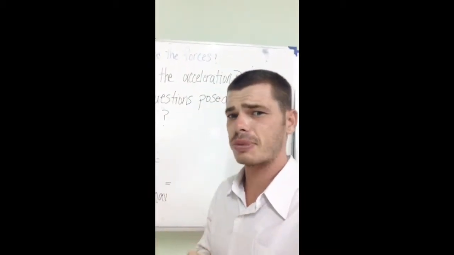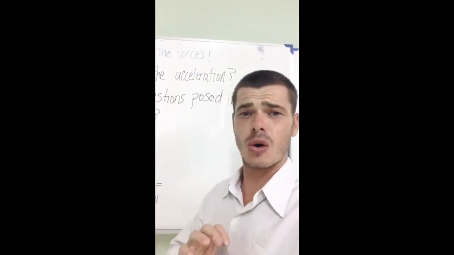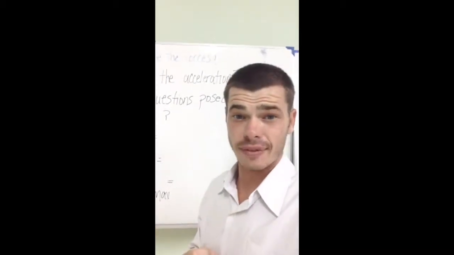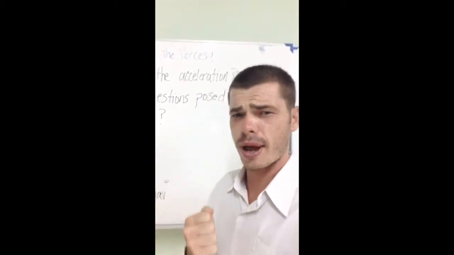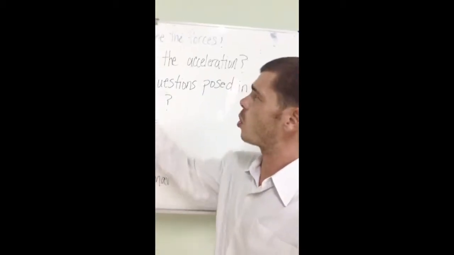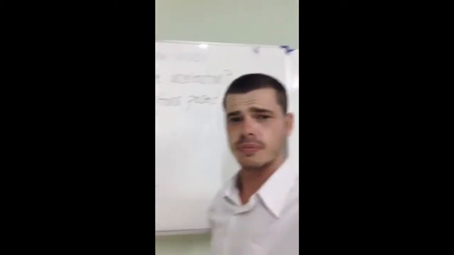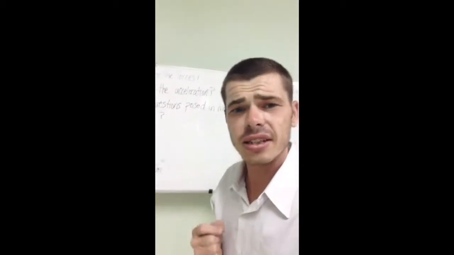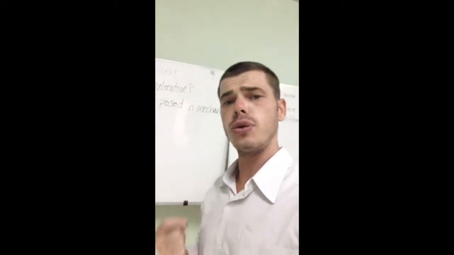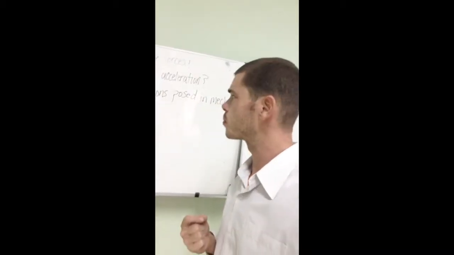But when you have a question and you have to derive a solution, you must be able to draw a diagram of your forces. So, what are your forces? In addition to, what is acceleration? Acceleration is the key point in Newtonian physics and F equals ma, Newton's second law.